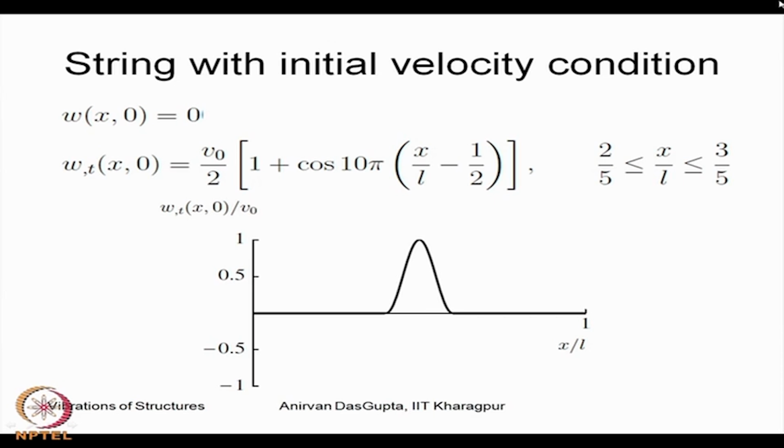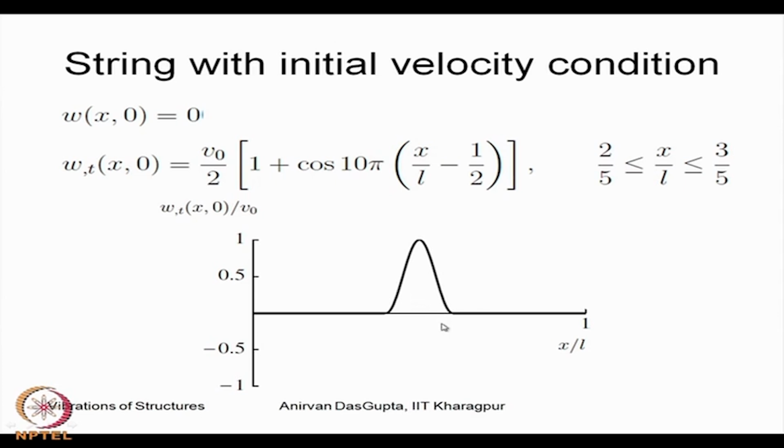We have considered a string with initial conditions as shown here. The initial displacement was 0, and the initial velocity was given a distribution like this in the central 1/5 portion of the string. Displacement is still 0, but the velocity is distributed like this.